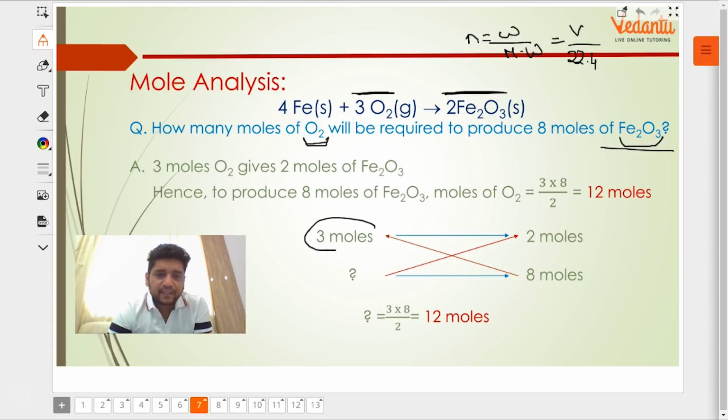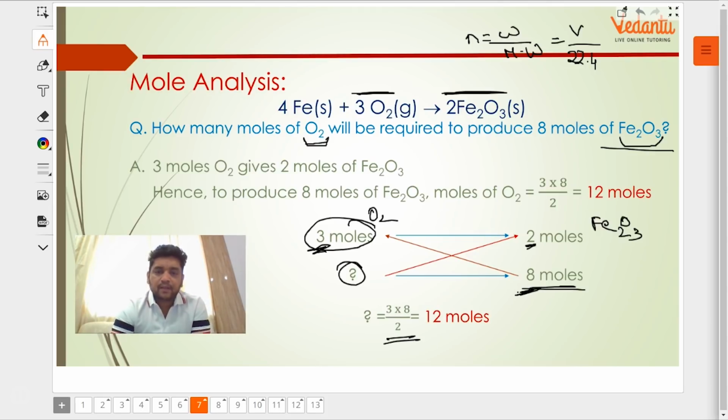So if 3 moles of oxygen gives 2 moles of Fe2O3, then how many moles of oxygen will be required to get 8 moles of Fe2O3? Cross multiply, and you get question mark equal to 3 into 8 divided by 2, which is 12 moles.